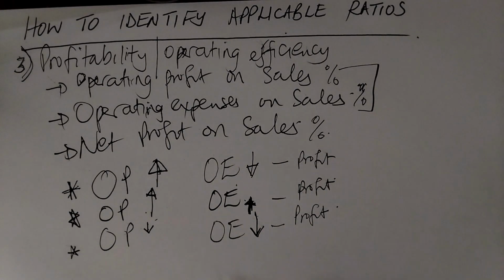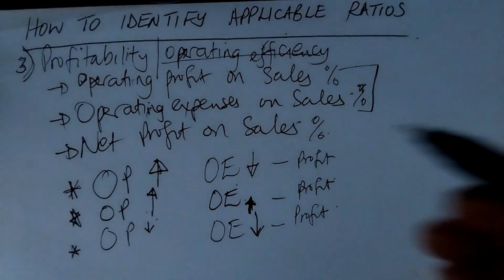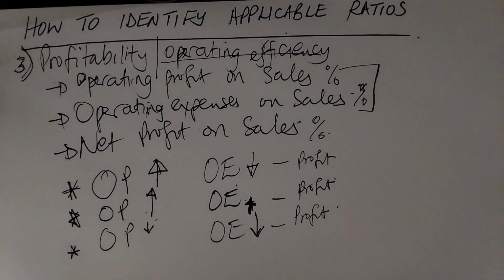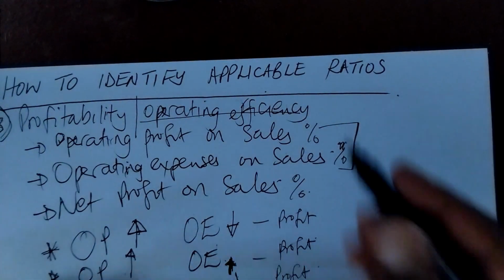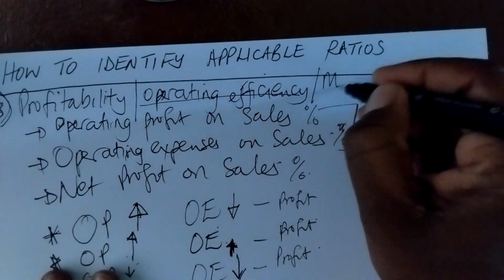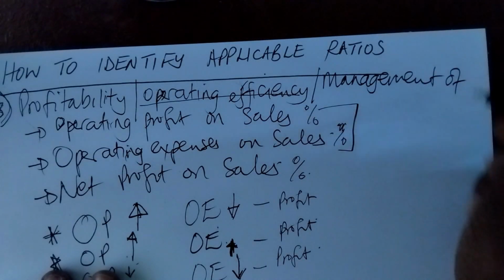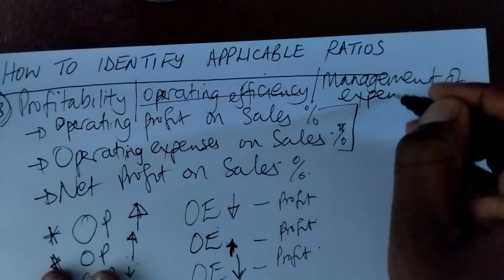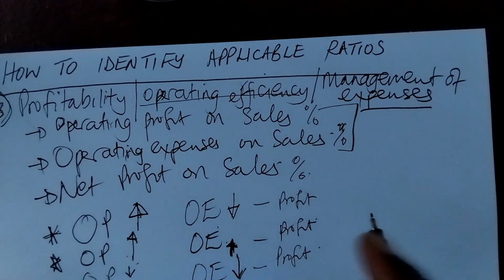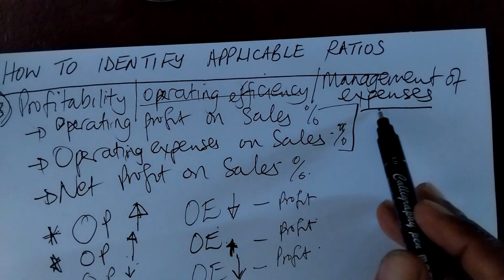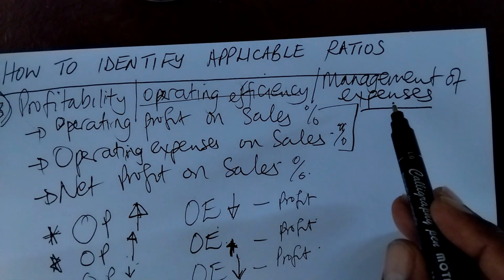So we are saying, for us to say a business is operating efficiently, the business must have an ability to manage expenses. Meaning to say, part of this identification here, they can actually say to you, management of expenses. I want you to avoid confusion in that. When we were looking at liquidity, we said management of cash, but here I'm saying management of expenses, right?